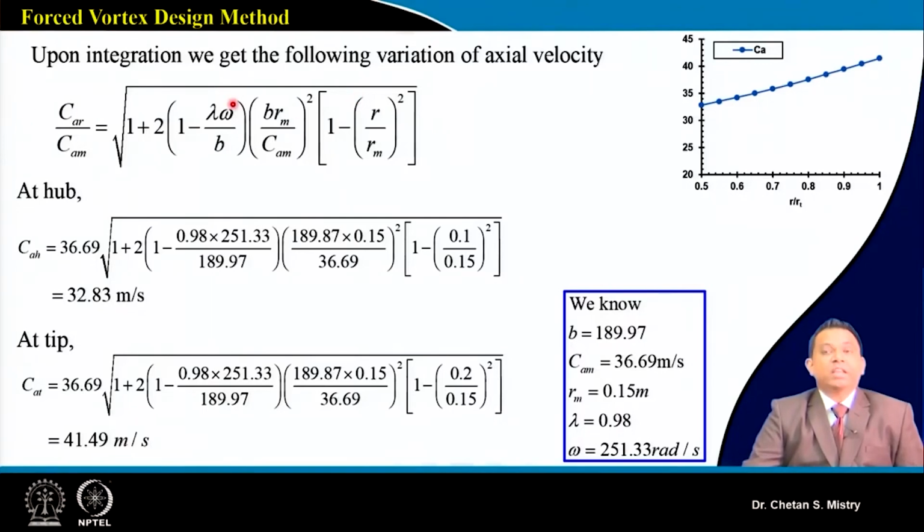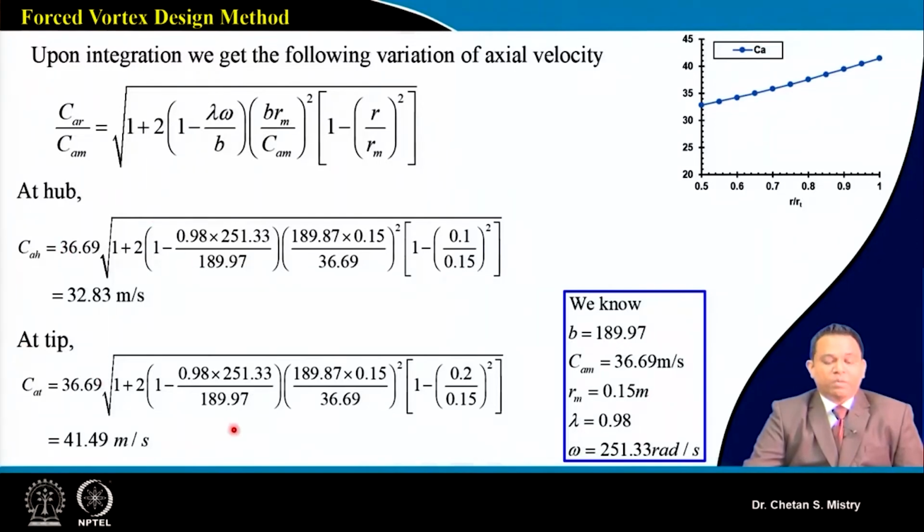Now we understand that my axial velocity at a particular station varies by this formula. Let's calculate at the hub station. At the hub my axial velocity comes to 32.83. At the mid station the axial velocity is 36.69. Now what is happening at the tip?